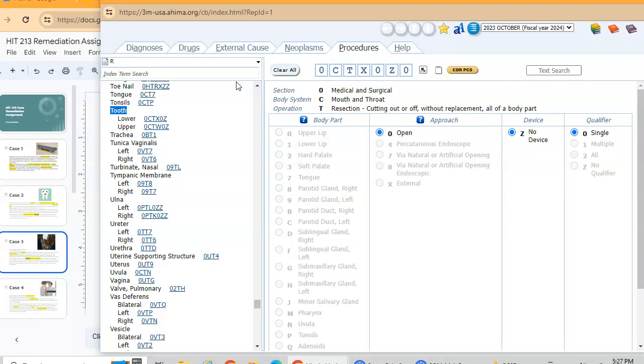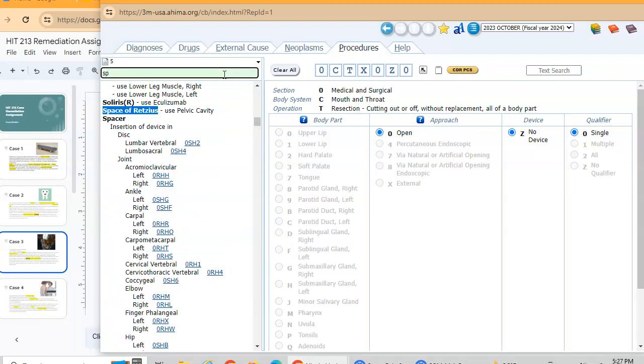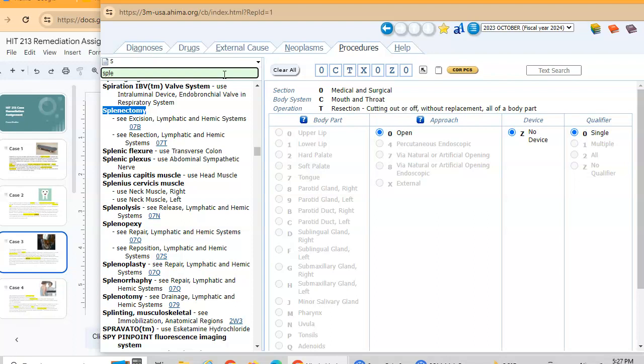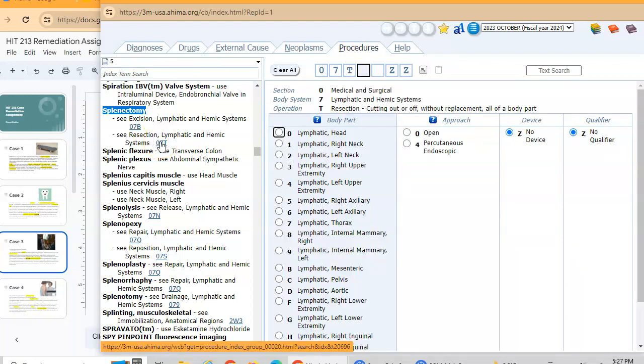Splenectomy, removal of the spleen, would be what I would Google. So we can start with splenectomy, which tells us that we are going to see something else. So we are going to choose the resection because of the in whole.